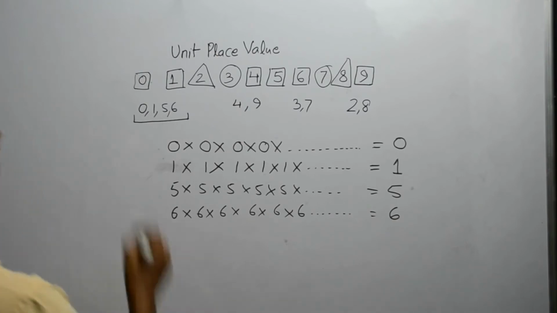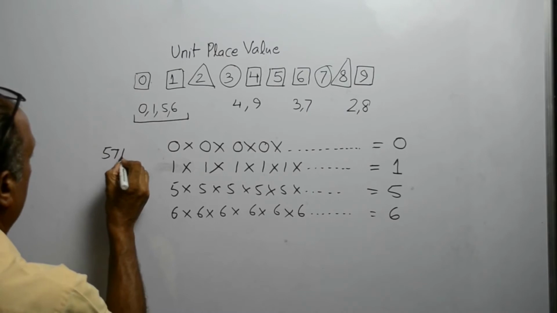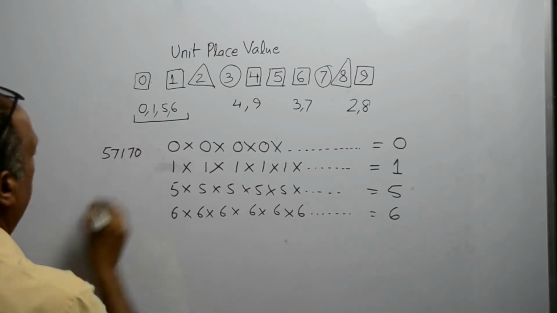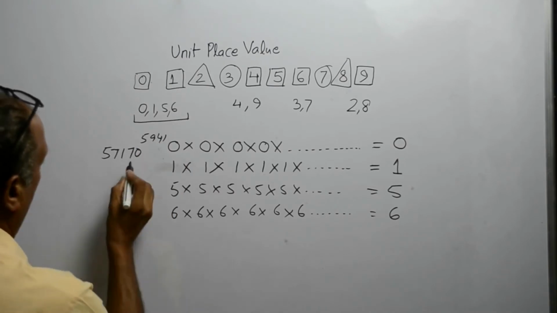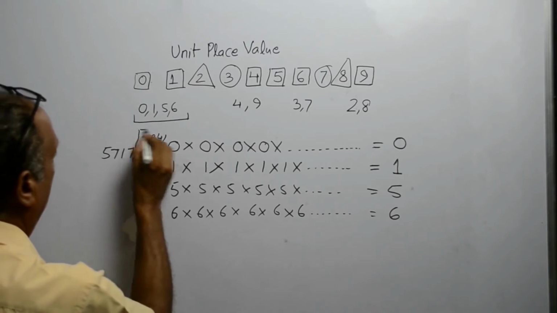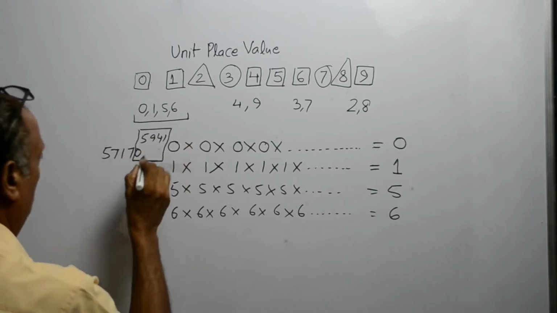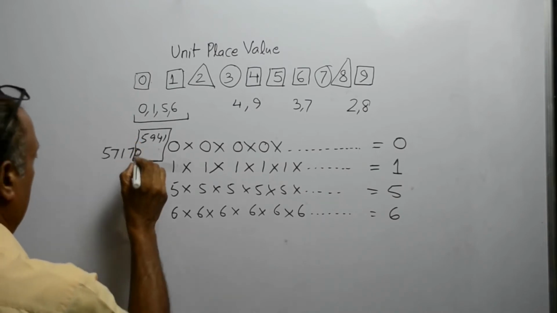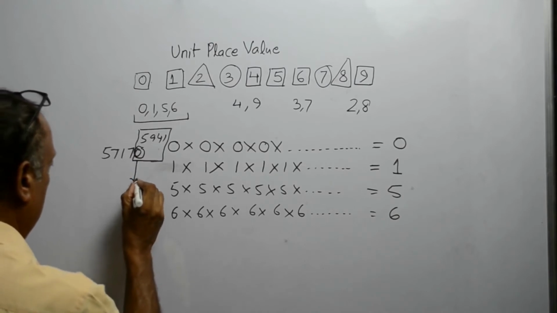So, when we want to find out a number ending in 0 raised to power 5941, 0 is to be multiplied 5941 times. So in this case, the last digit itself becomes the answer.